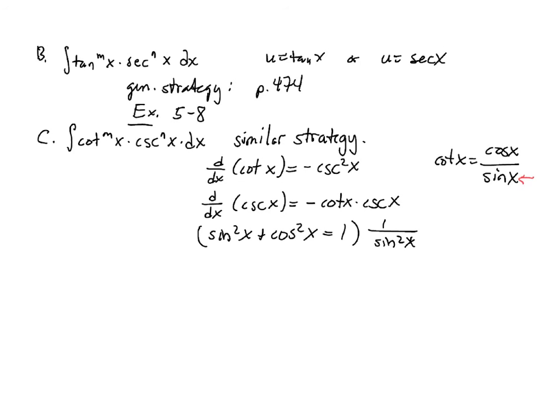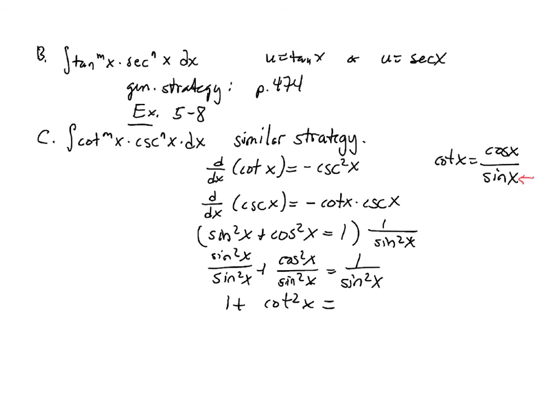And that simplifies to sine squared x over sine squared x plus cosine squared x over sine squared x equals 1 over sine squared x. So 1 plus, sorry, that denominator there should not be cosine squared, but sine squared. So I have 1 plus cotangent squared x, and that's equal to cosecant squared x.